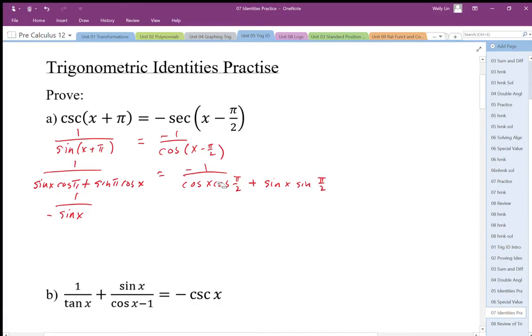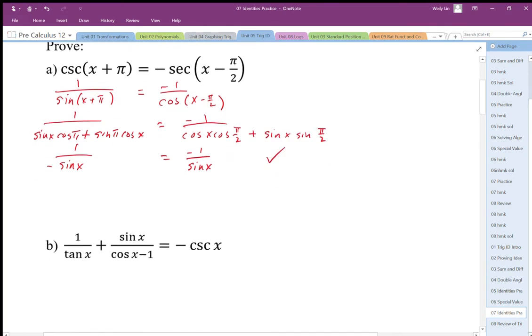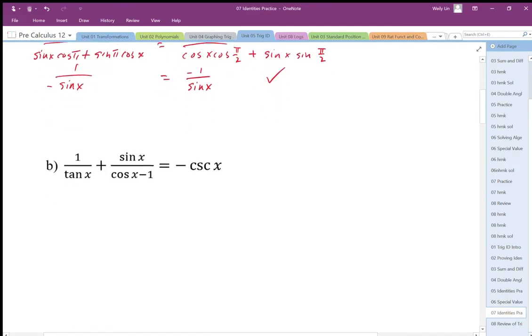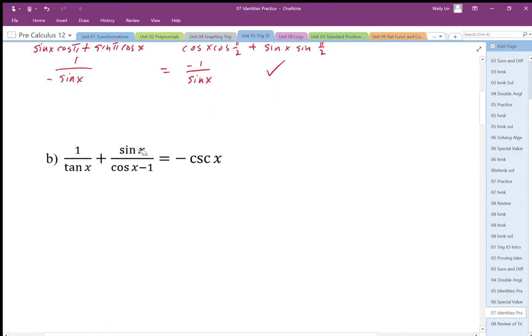Okay, so the cosine of 90 degrees is 0. So what we're going to be left with there is negative 1 over 0 plus sine of pi over 2, which is 1. So we're going to end up with sine of x in the bottom. So there it is, left side equals right side. There, we've proven it.